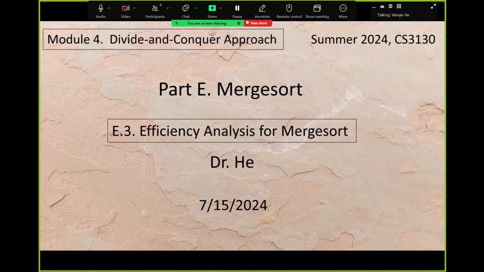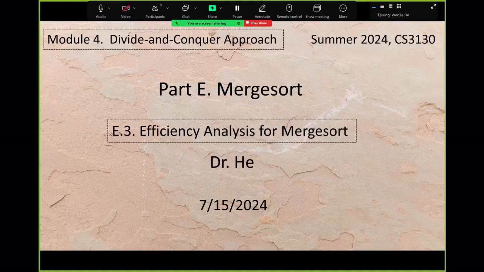This is a new sorting algorithm compared with the previous three. Now we want to see, if we run this algorithm for the worst case, what is the growth function of this merge sort?